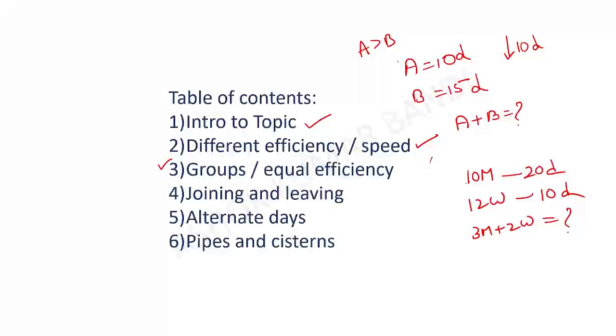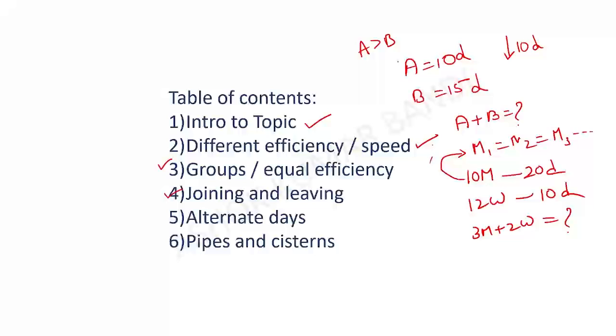So by default, we are going to assume the time taken by the first man is equal to the time taken by the second man is equal to the time taken by the third man, and so on. That means we are going to assume that each and every person in the group is going to have similar kind of speed or efficiency.